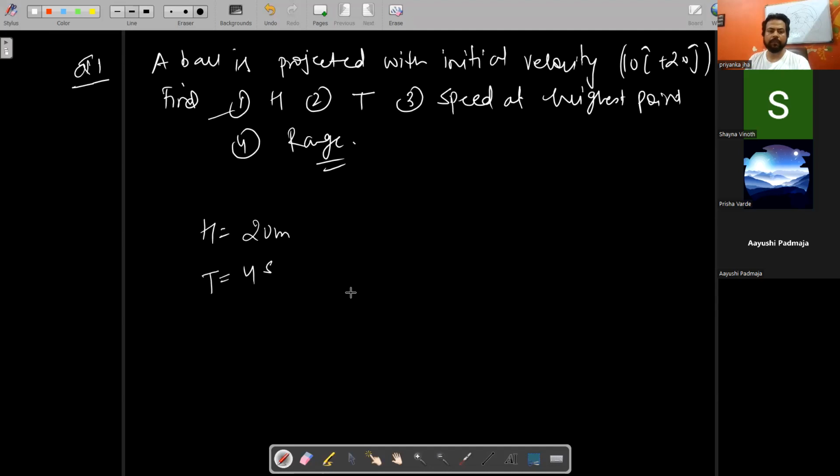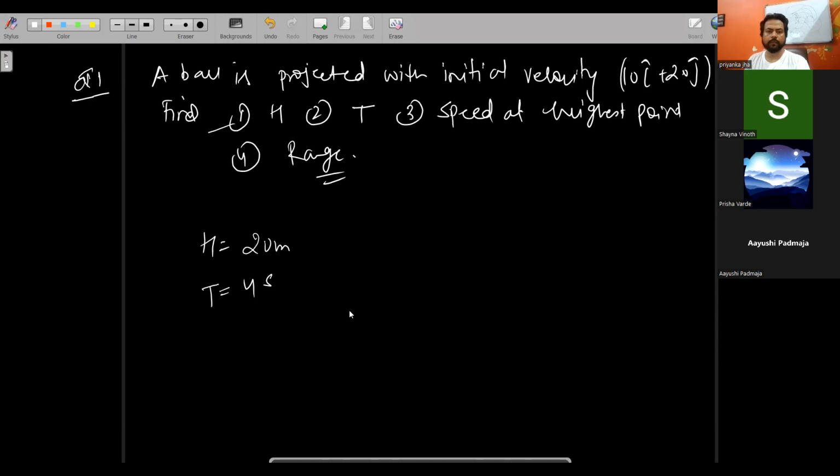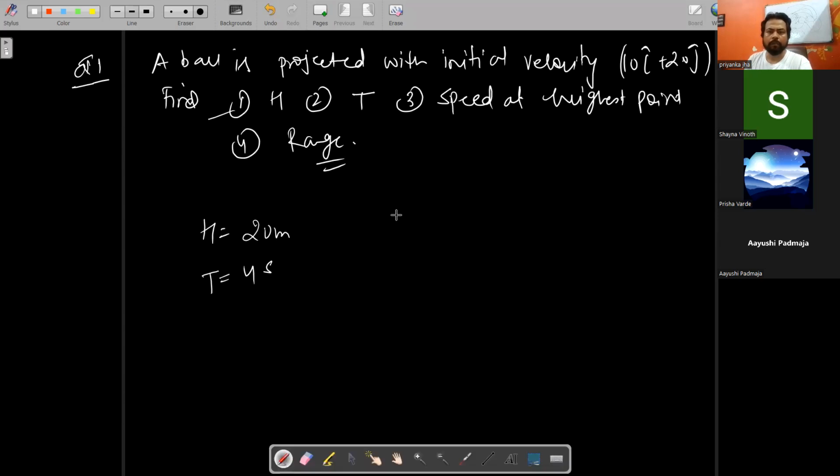Time of flight is 4 seconds. Range you can find, na? Did your answer match or not?